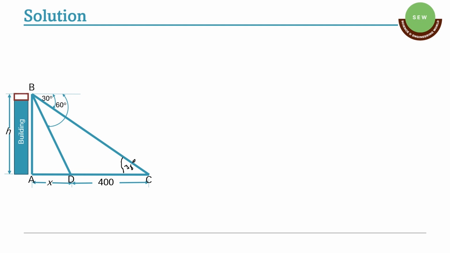That is, angle B is alternate to angle C. Similarly, looking at the angle of depression of 60 degrees, this is also alternate to that angle, so this will be 60 degrees. Now, all the angles on a straight line are always 180 degrees. So if this is 60, then the obtuse angle D will be 120.